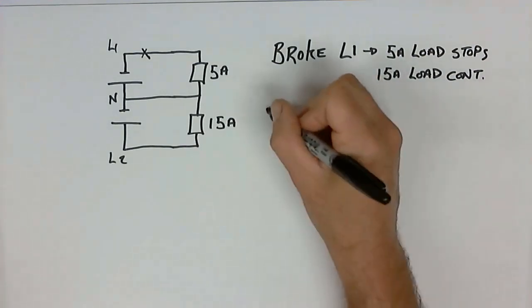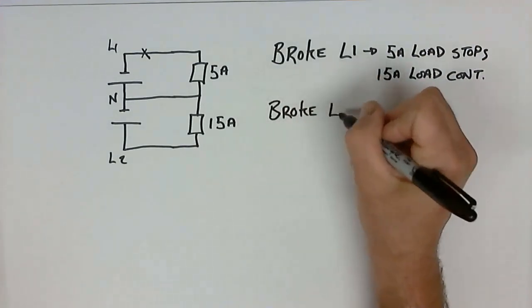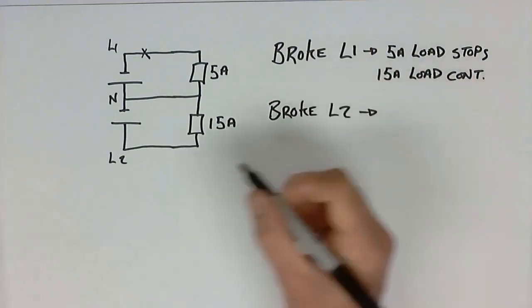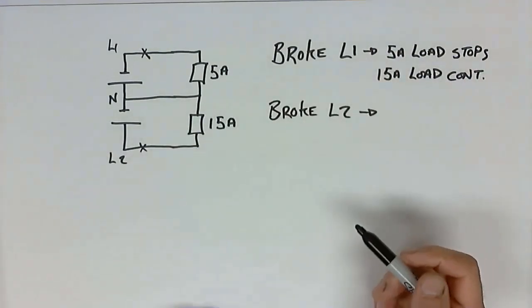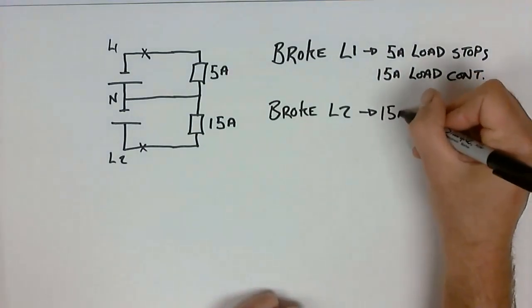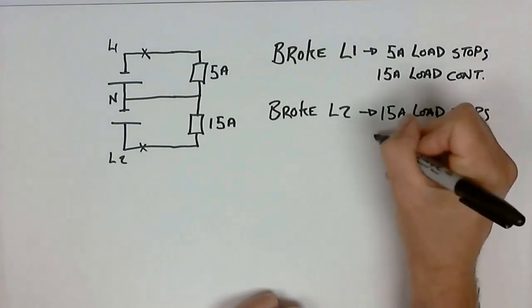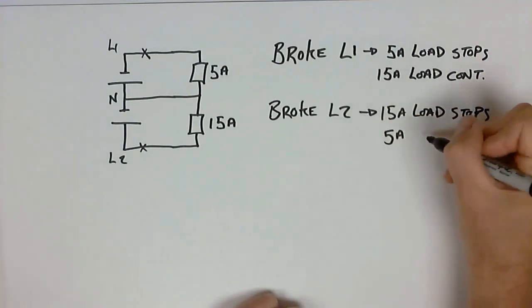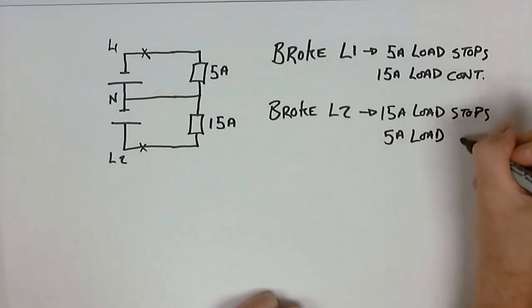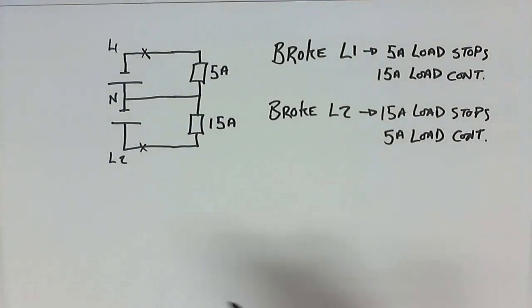What if we were to break line 2 instead? That would be down here. Well, then the 15 amp load would stop, and the 5 amp would continue to operate. So in both these situations, breaking line 1 or line 2 isn't a really massive, horrible problem.